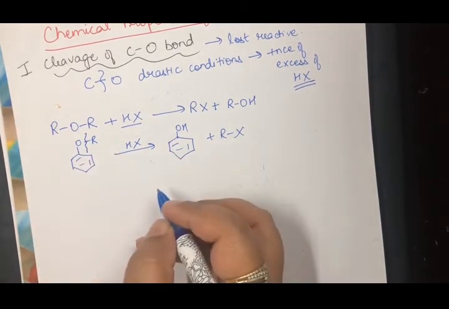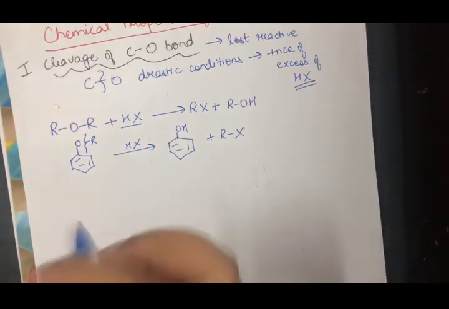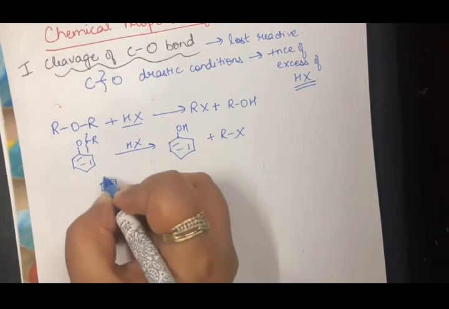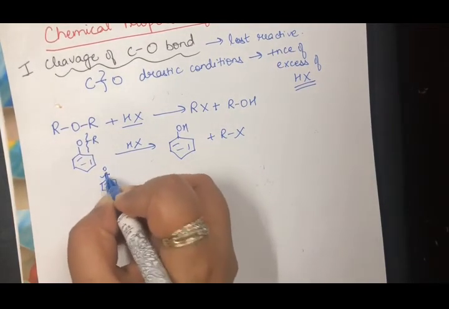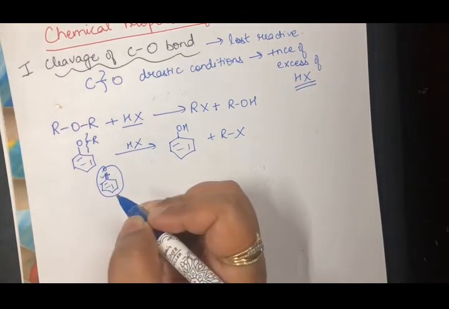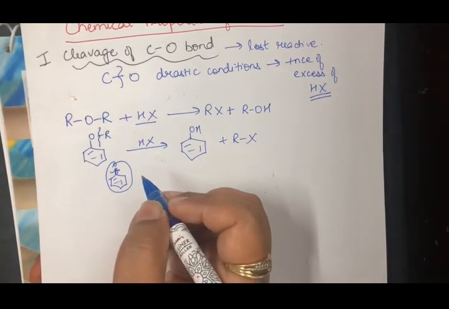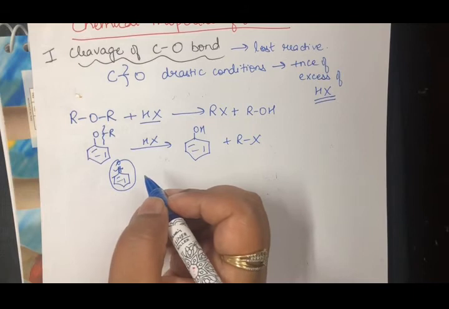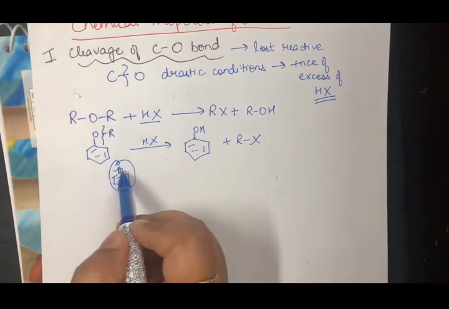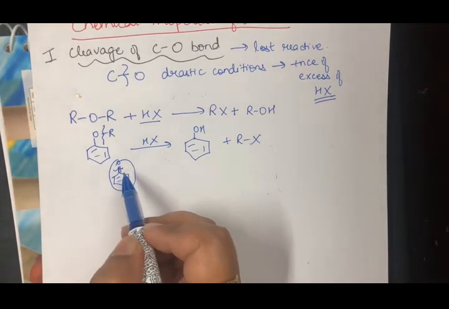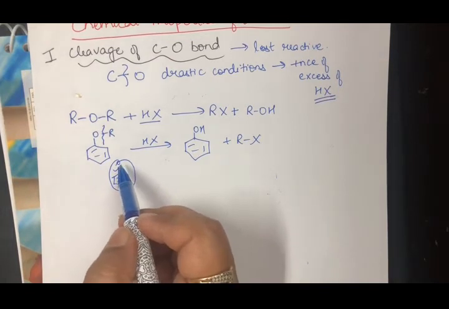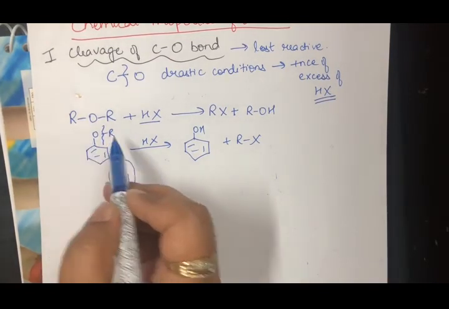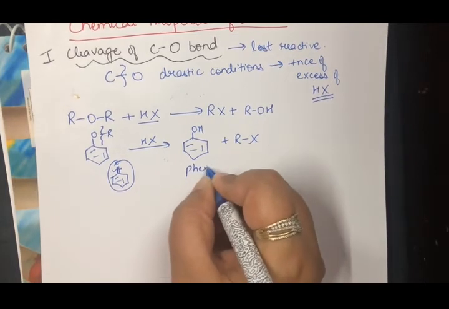Why? Because the carbon-oxygen bond on the aryl side is very strong because of the partial double bond character. Remember, we have taken this as a reason for many of the questions done previously. So this bond is not going to be cleaved very easily because of the partial double bond character between this carbon and oxygen. So the bond will break here and it will always give you a phenol.